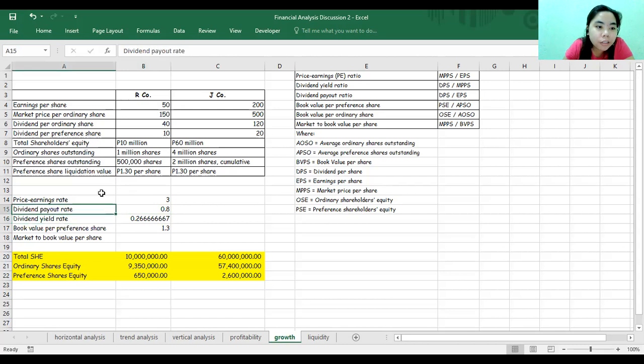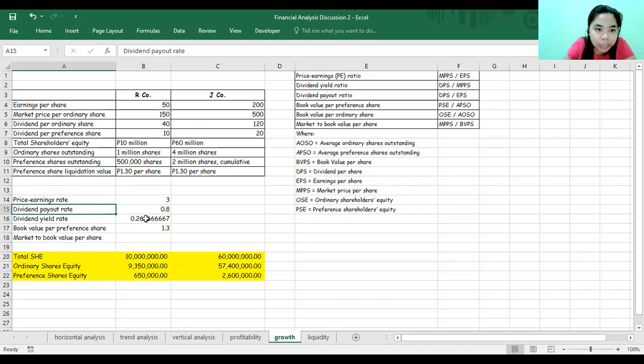Dividend payout, you are comparing the dividend you paid versus the earnings per share of the company. Dividend yield, the dividend you paid is based on the market price, outside the company, when it comes to that particular share.